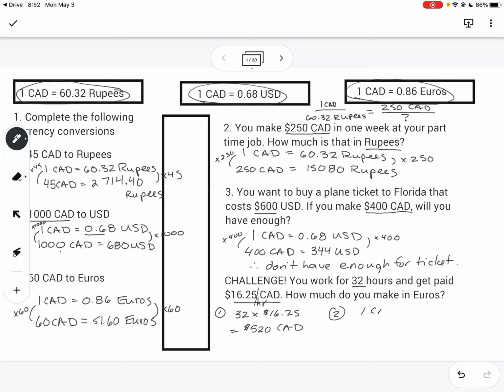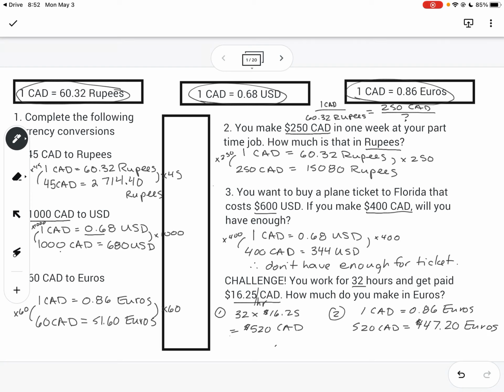So I know that 1 Canadian dollar is equal to 0.86 euros. If I have 520 Canadian dollars, I'm just going to multiply that by 0.86. And that's going to tell me that I've got 447.20 euros here.